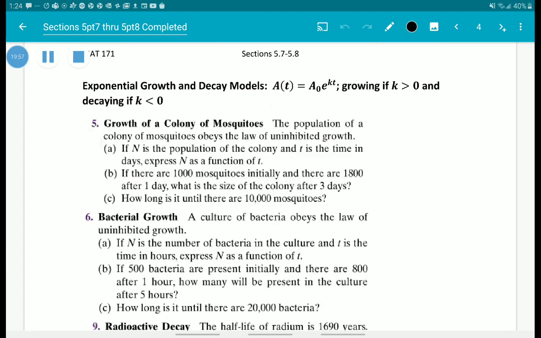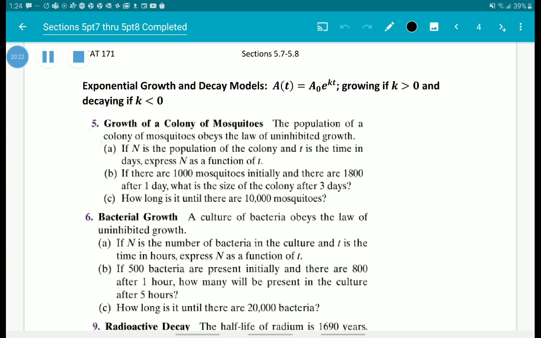So now let's talk about growth and decay. When we talk about growth, we could talk about things like bacteria cultures. We could talk about colonies of mosquitoes or colonies of other types of bugs. Colonies of anything, really. Population growth in the beginning can be modeled by an exponential growth type problem.